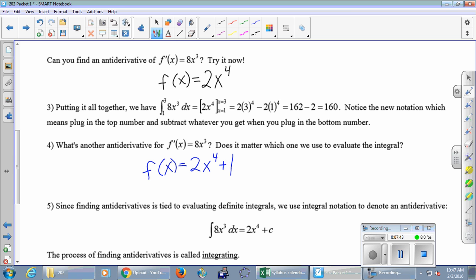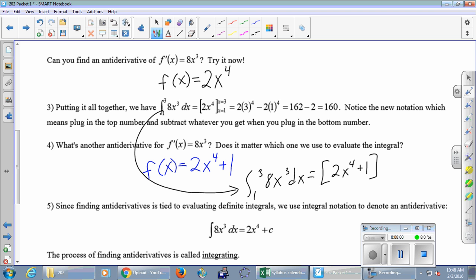So if we are going to use our nice brand new fancy shiny notation, then what we're supposed to do is write our new antiderivative formula in brackets, 2x to the 4th plus 1. That's an arbitrary choice that we've made for that constant at the end. And then we'll put the 1 and the 3 out there.